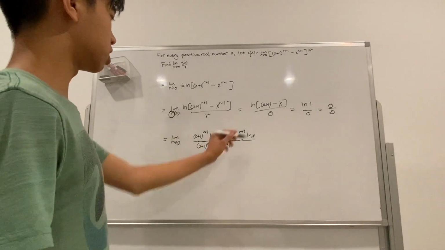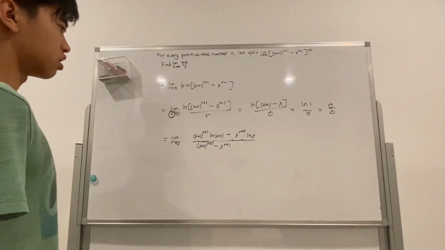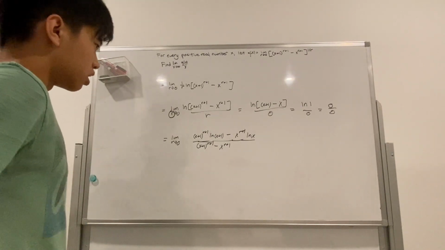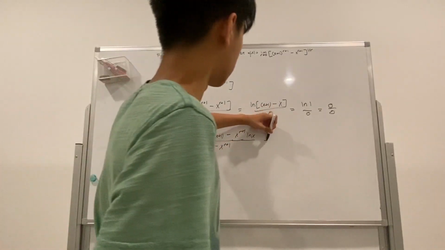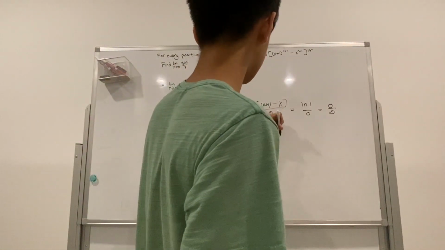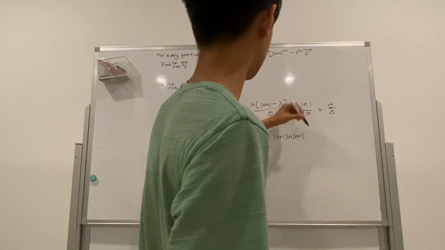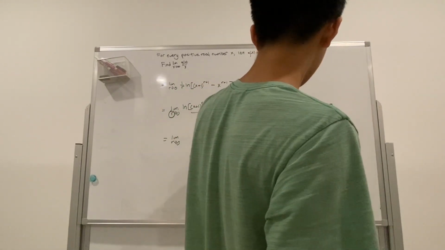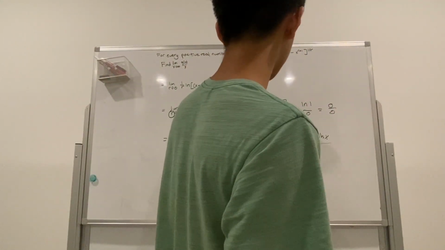Now we have something that looks kind of messy, but if you try to plug things in, you get something a little more friendly to deal with. Plugging 0 in, you get x plus 1 ln of x plus 1 minus x ln x over x plus 1 minus x.